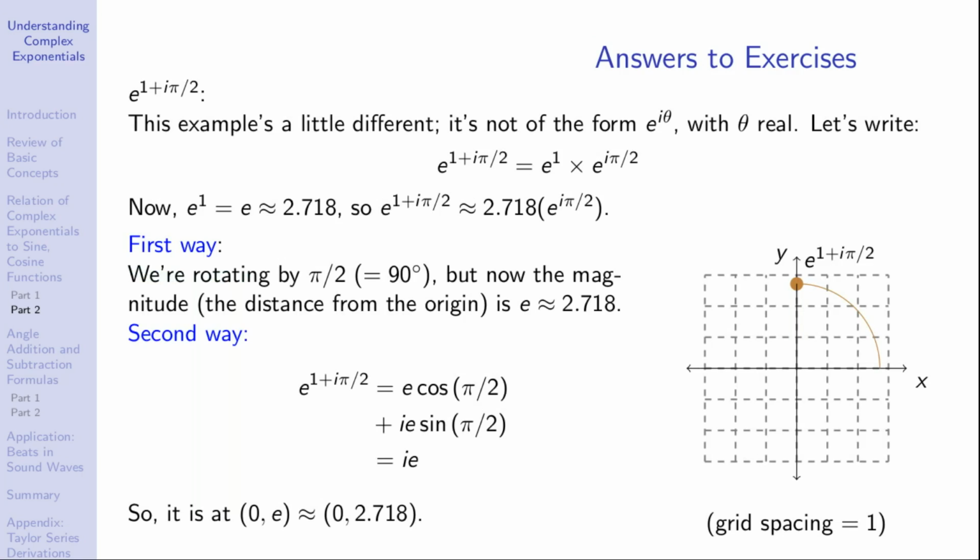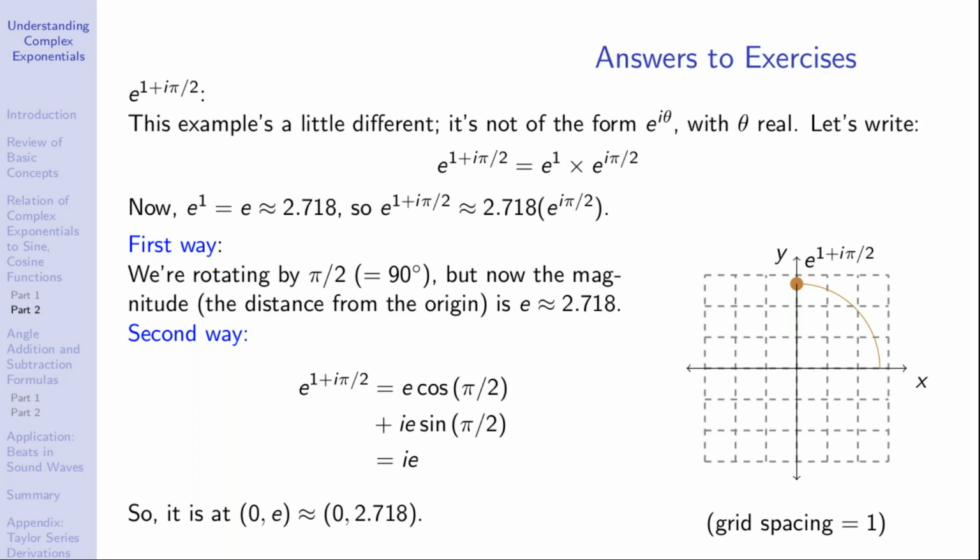Okay, and now for our last example. E to the power of 1 plus I pi over 2. So this example is a little different. It's not of the form e to the I theta, with theta being a real number. So let's write this as follows. E to the power of 1 plus I pi over 2 is equal to e to the power of 1 times e to the power of I pi over 2.